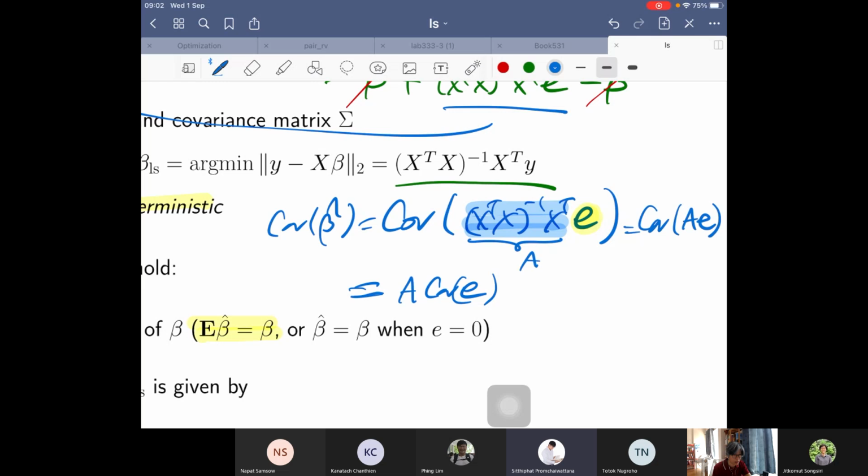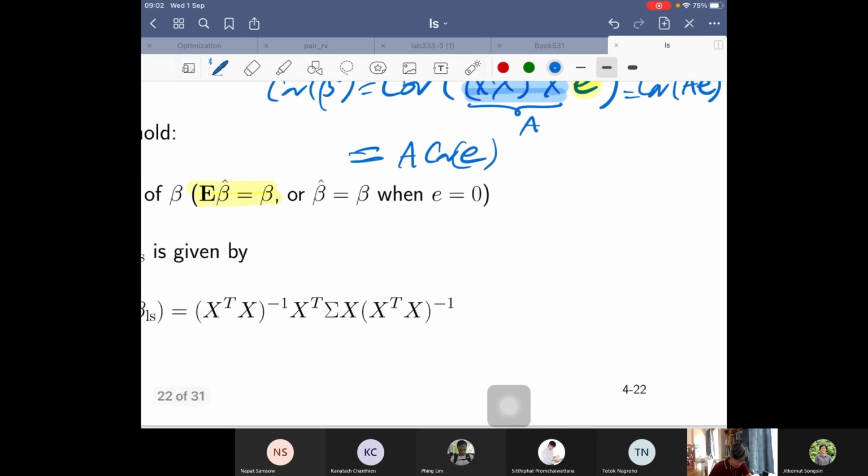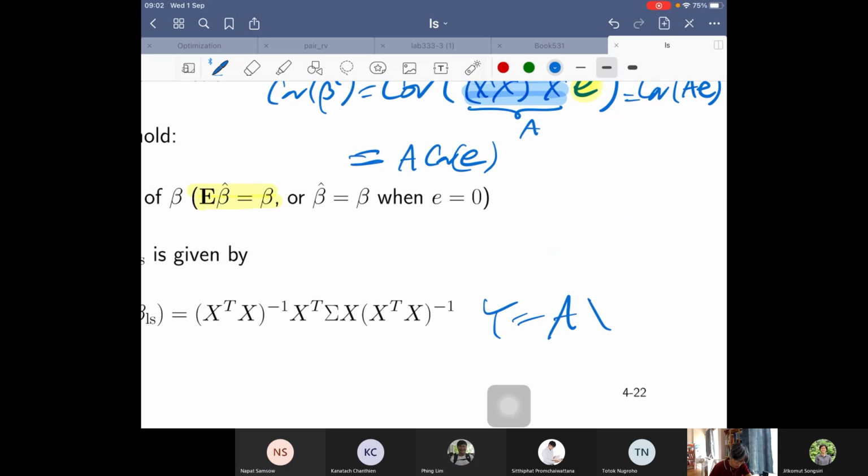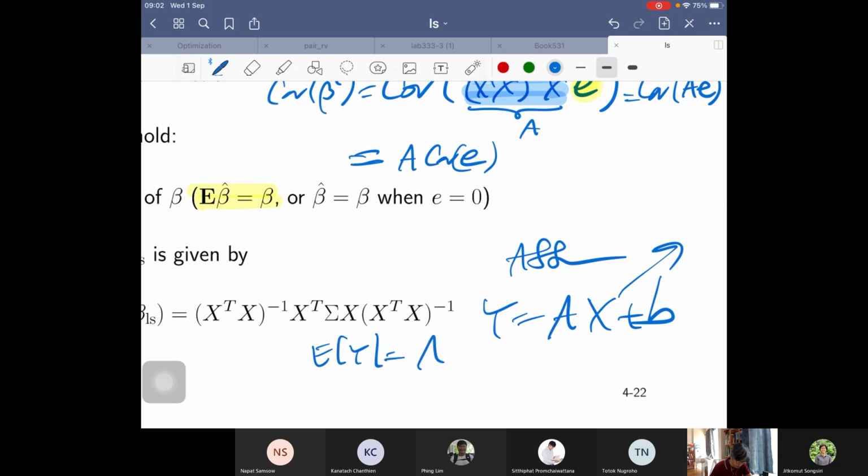Yes, it's A square if everything is scalar. I think I mentioned this: y equals ax plus b. This is called an affine transformation, right? The mean of y is going to be a times the mean of x plus b. What about the covariance of y?